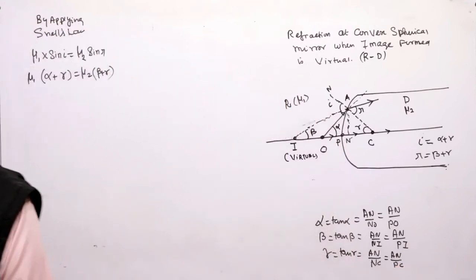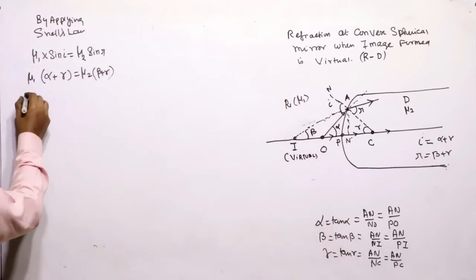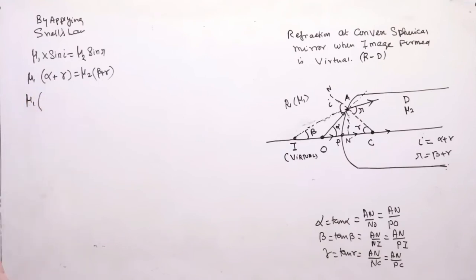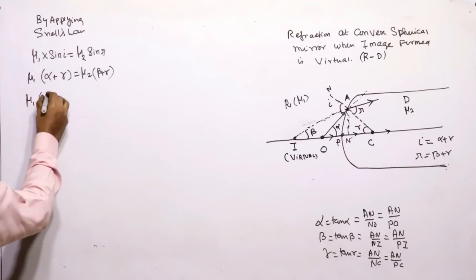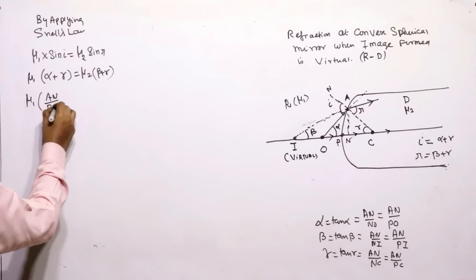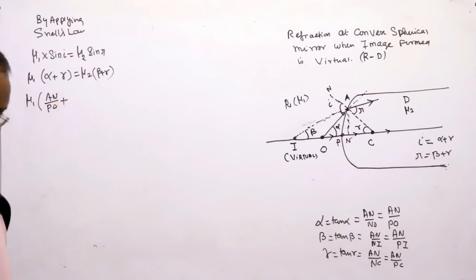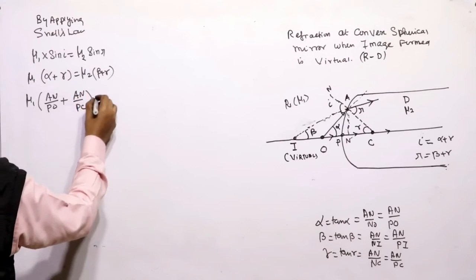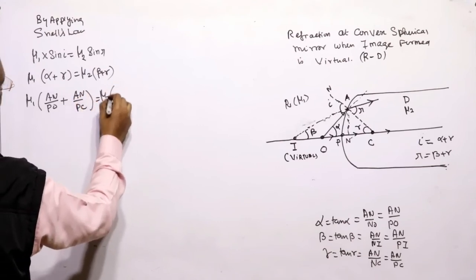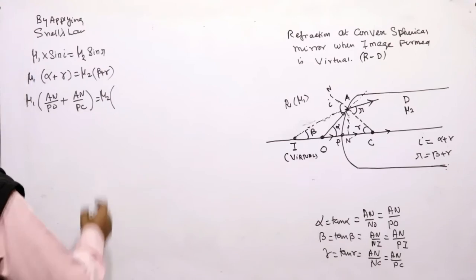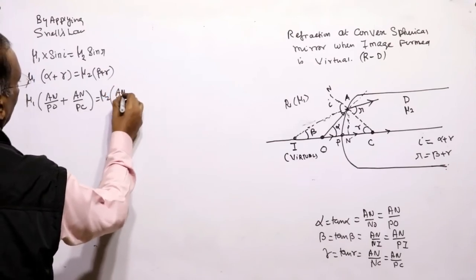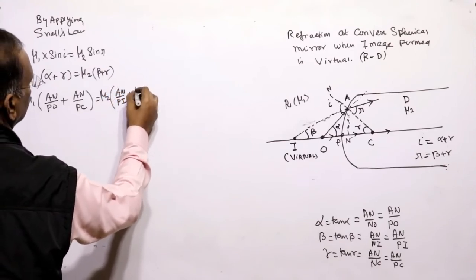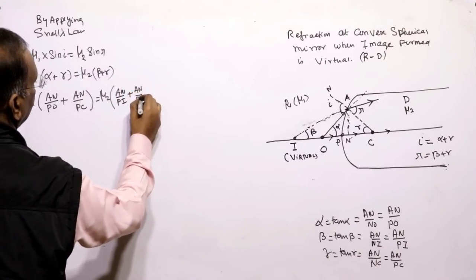So we substitute this value. Mu1 into alpha, AN by PO, plus gamma, AN by PC, is equal to refractive index of medium 2 into beta, AN by PI, plus gamma, AN by PC.